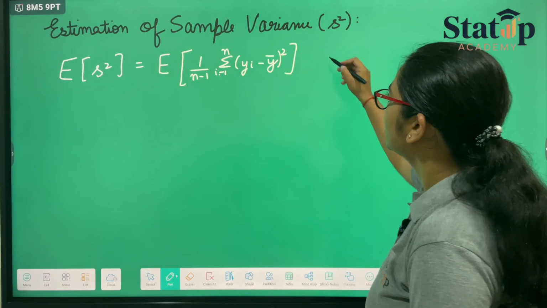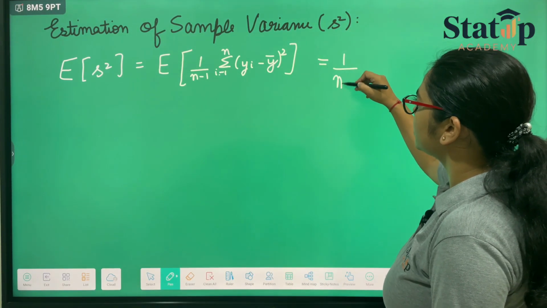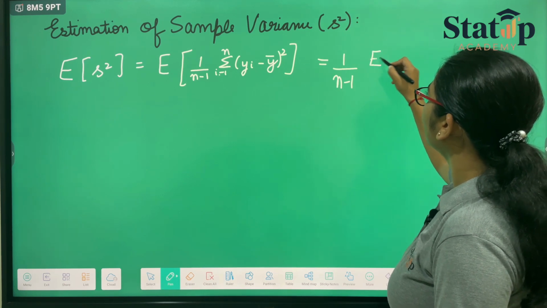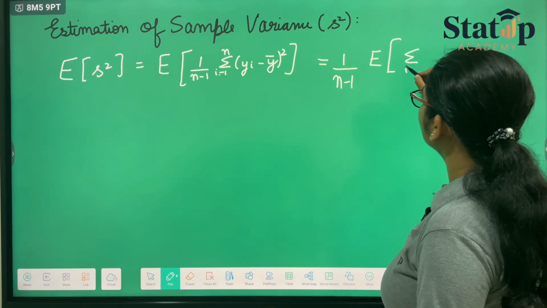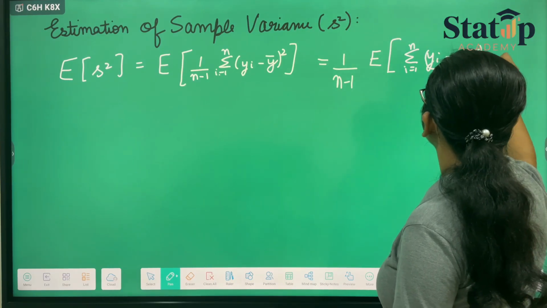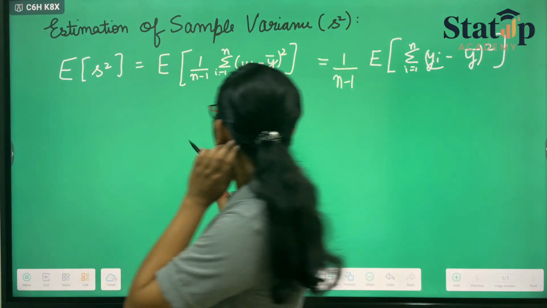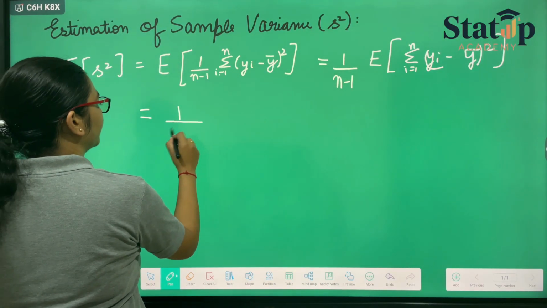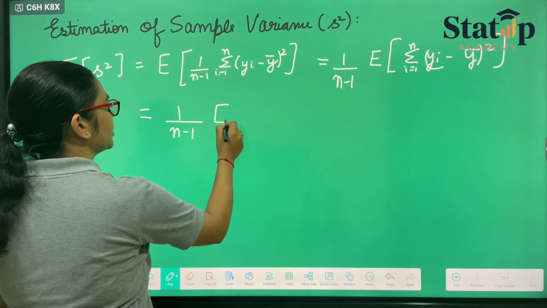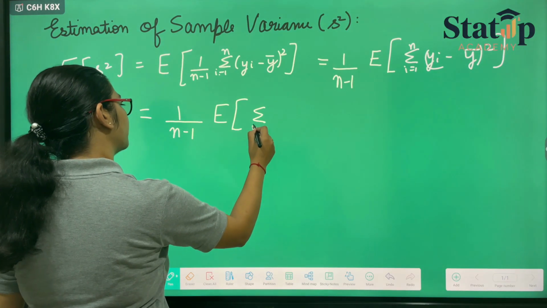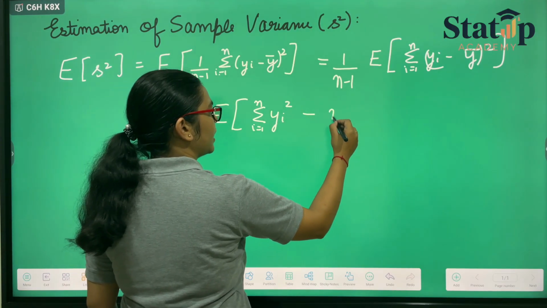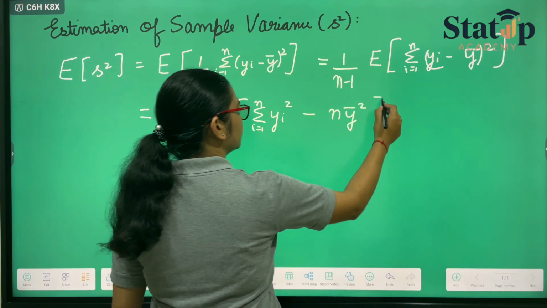Now we can take out 1 upon n minus 1 outside, and estimation of summation i goes from 1 to n, yi minus y bar whole square can be written as 1 upon n minus 1 estimation of summation i goes from 1 to n, yi square minus n y bar square.